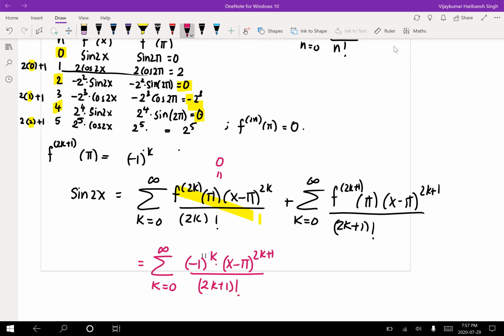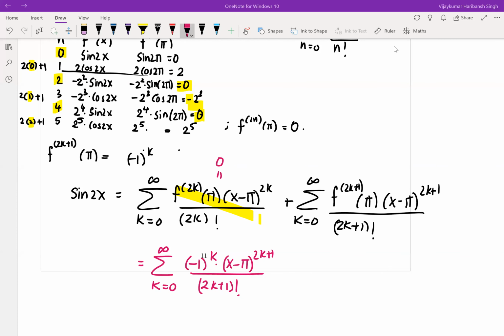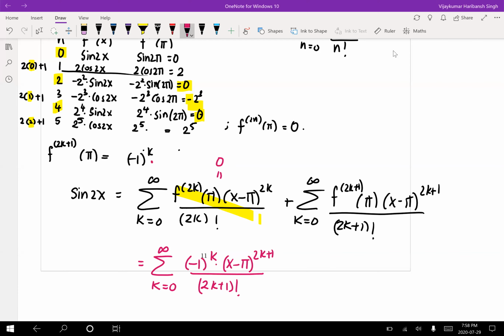And this is your Taylor series formula. We forgot to add the factor: this has to have minus 1 to the power k, 2 to the power 2k plus 1.